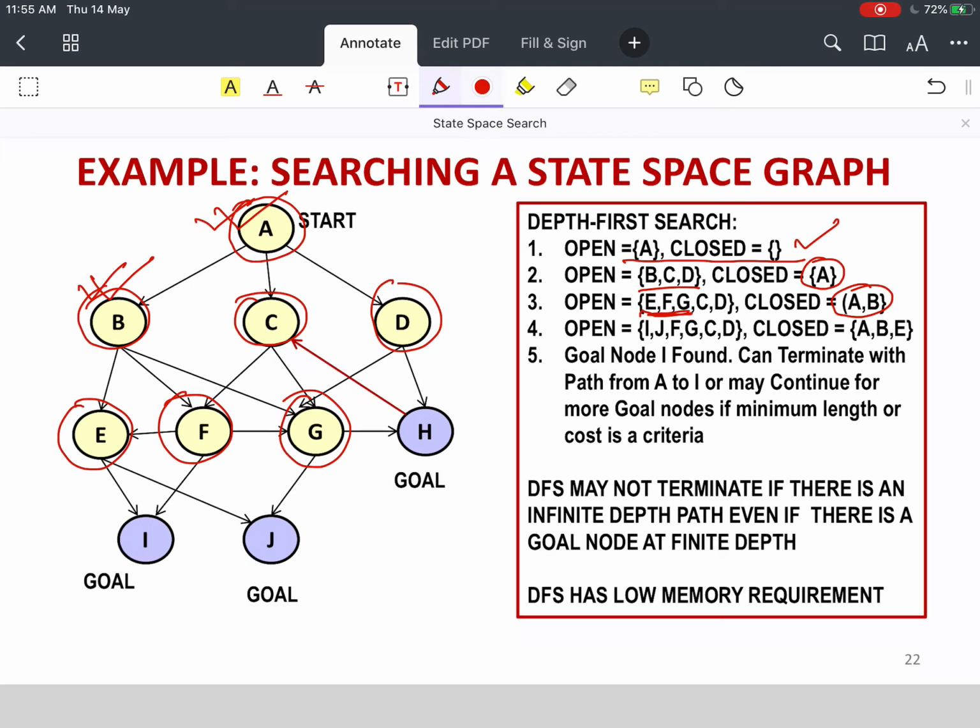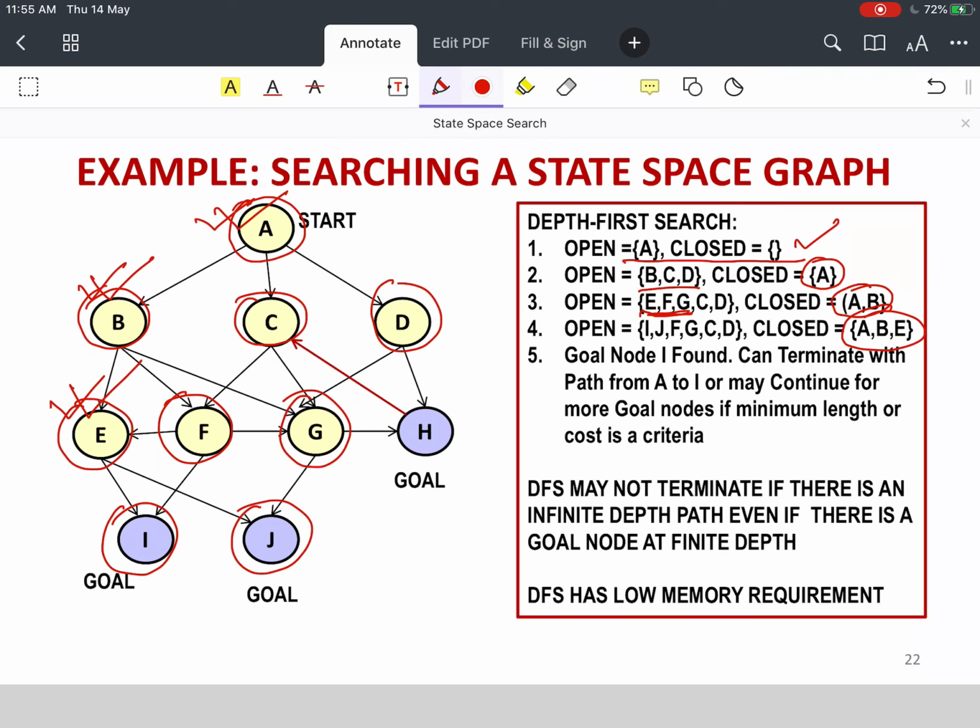So open, which had B, C, D, and then B removed, had C, D, now has E, F, G, C, and D. Then again we remove the first node from open, which is E. And once we remove the first node from open, we put E in closed. And we generate children, and among the children are I and J.